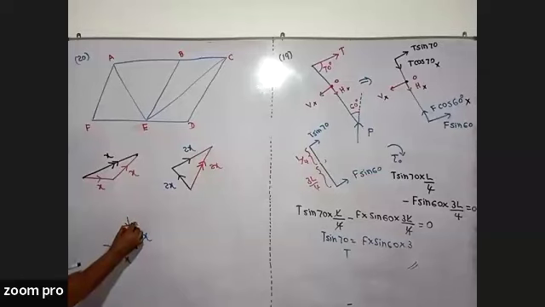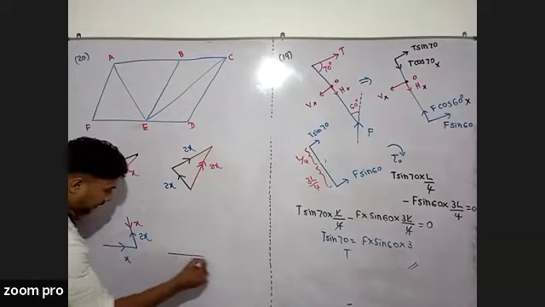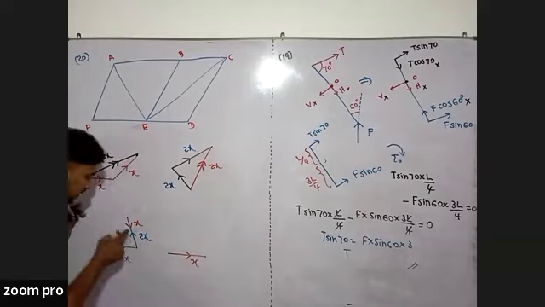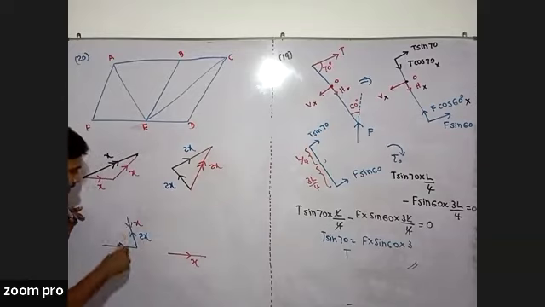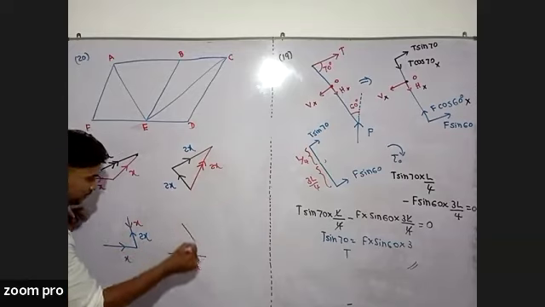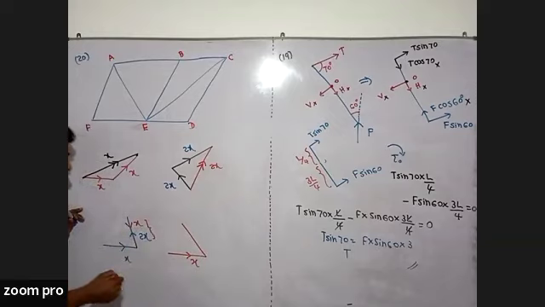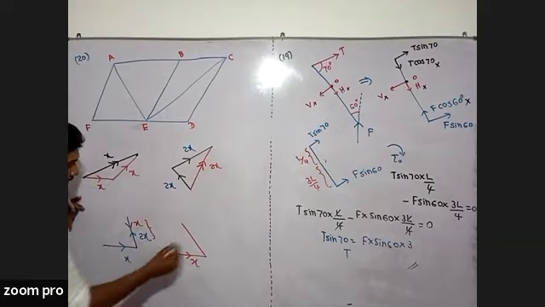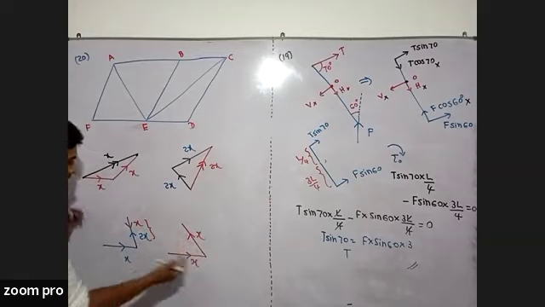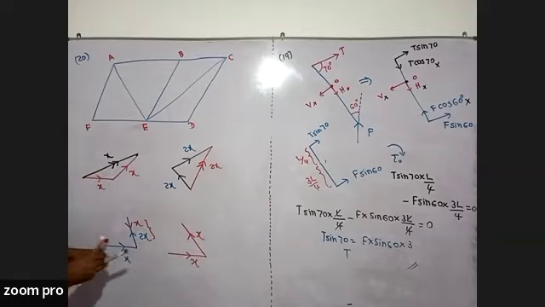And let's take another one. Fine. Let's assume that there are three vectors acting like this, right? So we can consider this one as x. Now towards the upward direction it has 2x and in the downward direction it is 2x. If we consider the sum of these two vectors, we can mark this as x towards the upward direction.